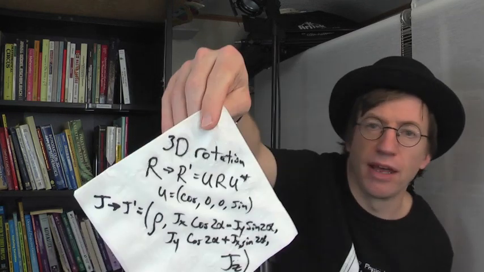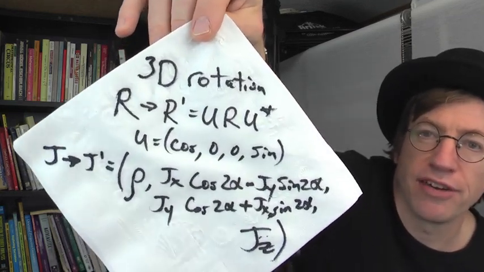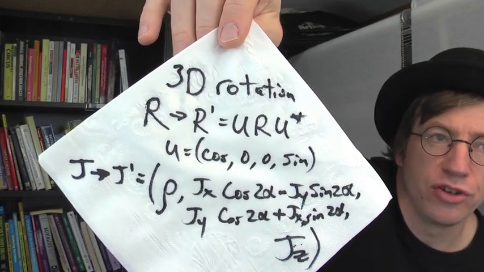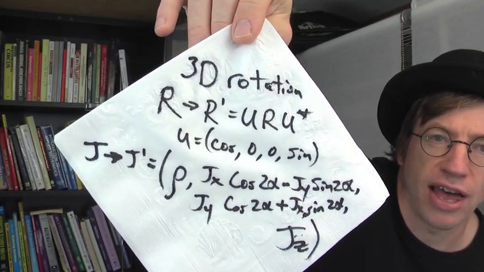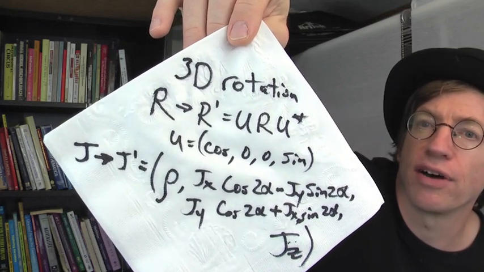Now, one needs what are called unitary quaternions. And for the rotation around z, just use, oh, here's my whole description of how to do 3D rotations. You use this unitary quaternion that goes cosine of alpha, 0, 0, sine of alpha.